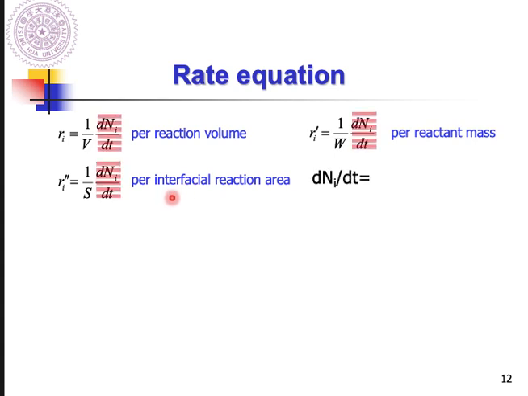But the consumption rate of reactants should remain constant when we talk about the same chemical reactions, right? So based on this, we know the relationship between R_i, R_i prime, and R_i double prime can be expressed like this: V r_i equals W r_i prime equals S r_i double prime. All these are equal to dN_i over dt, the consumption rate of reactants.